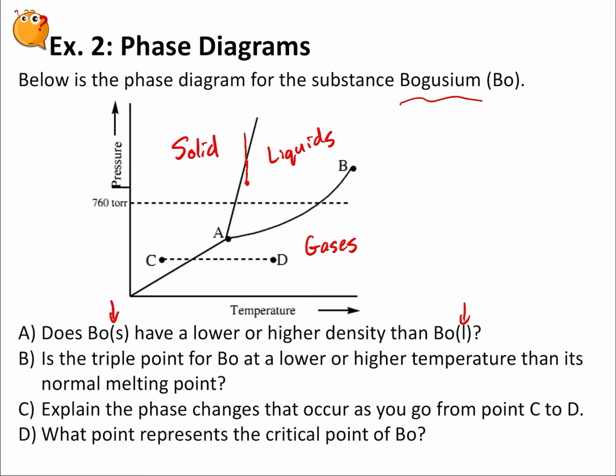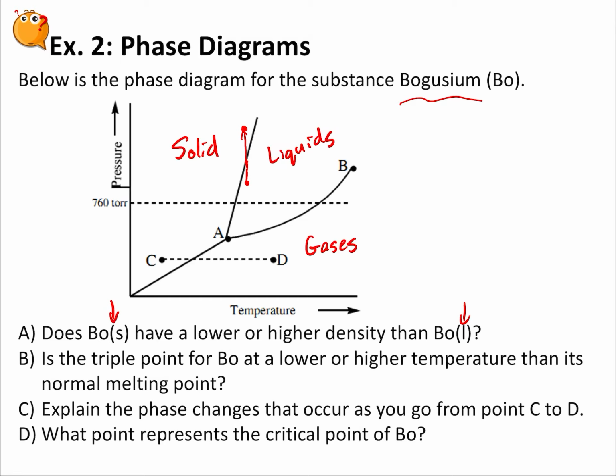And if you keep going, you go into the solid phase. So what this suggests is that if you pressurize this liquid, you can convert it into a solid. If that's the case, the solid must have a higher density than the liquid because you're compressing it.